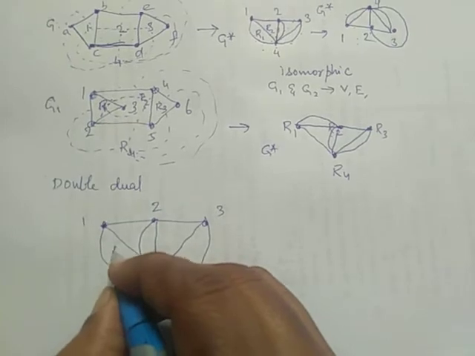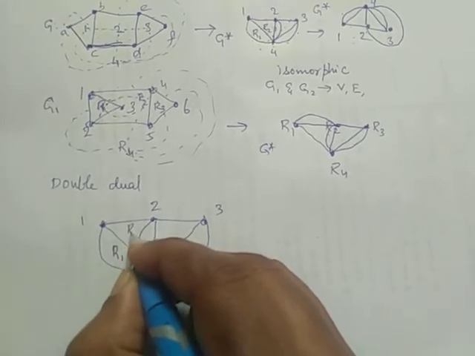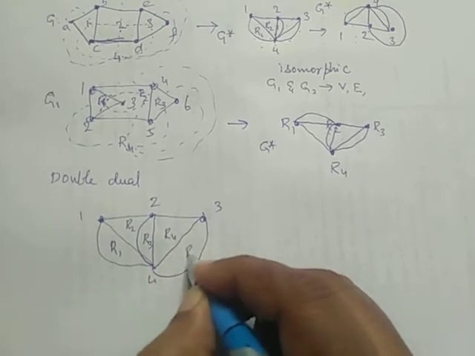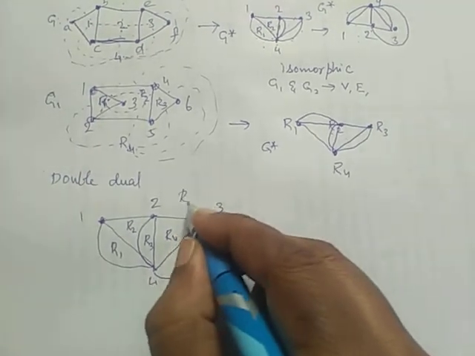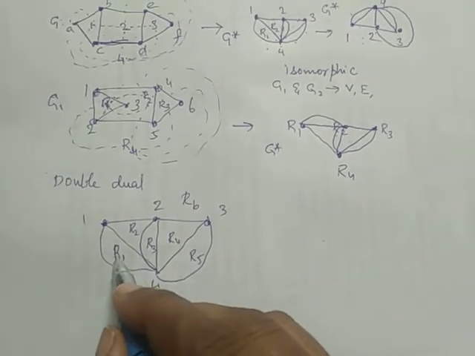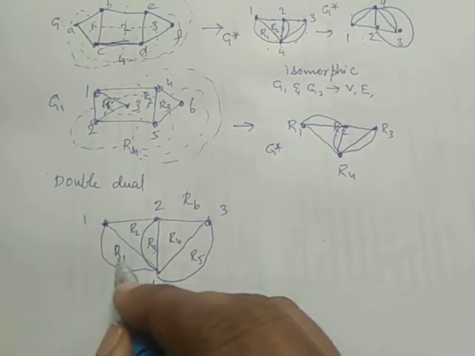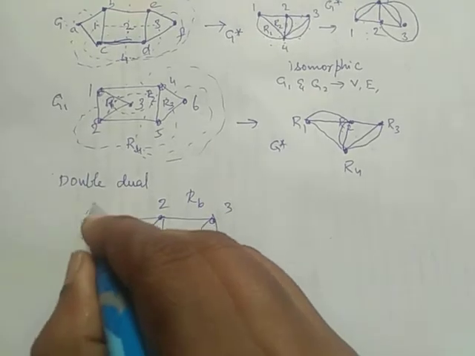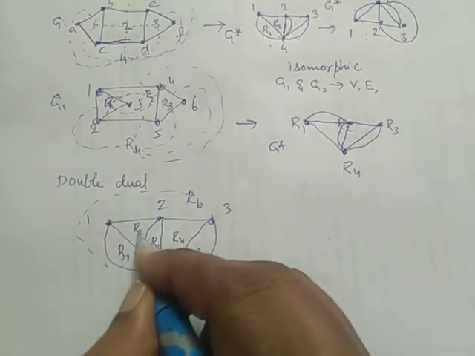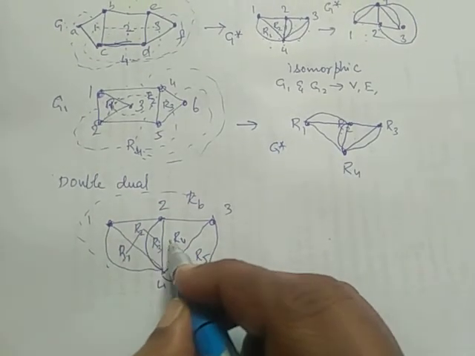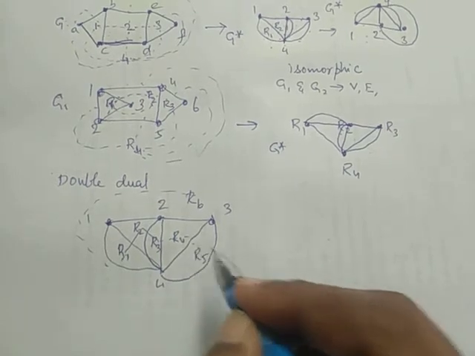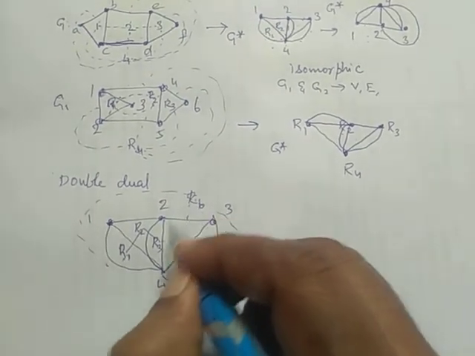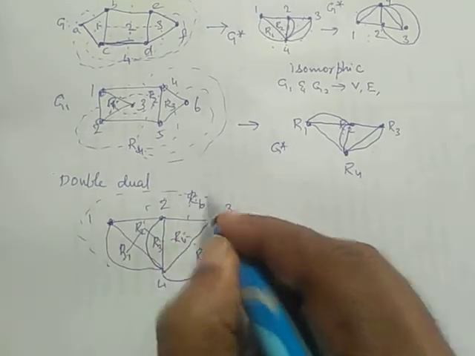How many regions do we have? R1, R2, R3, R4, R5 and R6. This edge is connected between R1 and R6, these are connected to each other, and this is connected to R6 again, R4 to R6, R2 to R6.